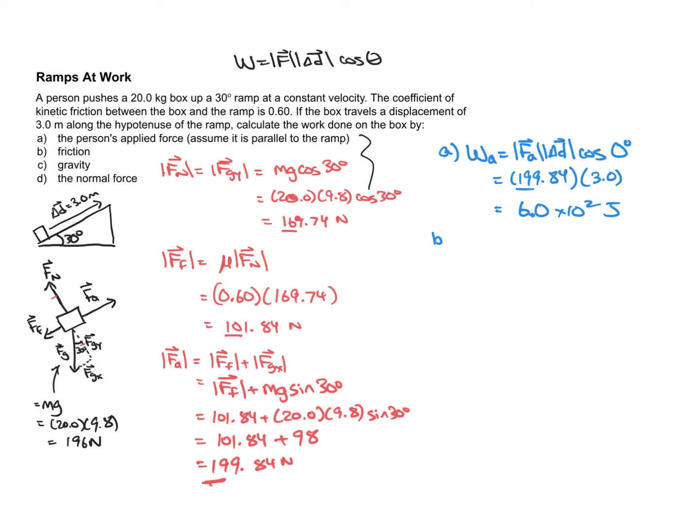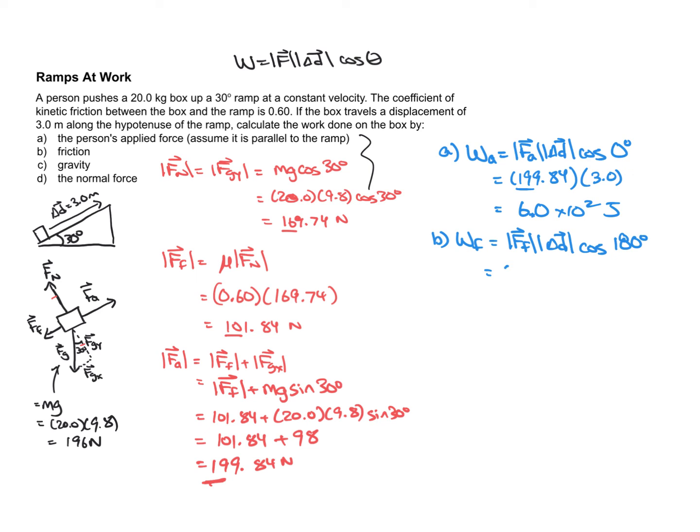B, the work done by friction, WF, would be the force of friction times the displacement times cosine. The angle here would be 180 degrees. Friction is in the exact opposite direction of the displacement.